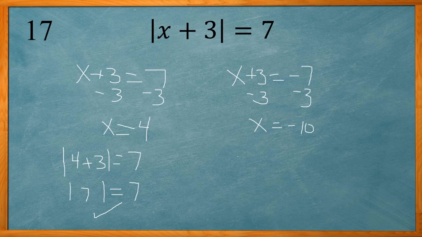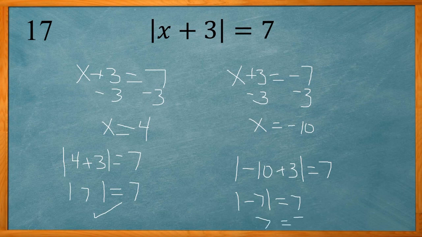Here, if I insert -10 plus 3, the absolute value of -10 plus 3 equals 7. -10 plus 3 is -7, and the absolute value of -7 is 7. So that works out. So in this case, when we have absolute value, we have two answers, almost like the problems with the quadratic or even square. So these have two answers.